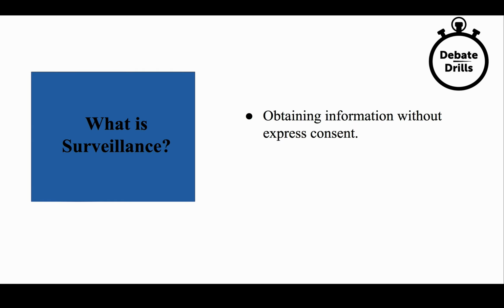So what is surveillance? Surveillance is obtaining information without express consent, or the process of being able to monitor other people to try to collect information about them. Note the emphasis on without express consent. Typically, when people discuss obtaining information via traditional means, there is a need to obtain a warrant.